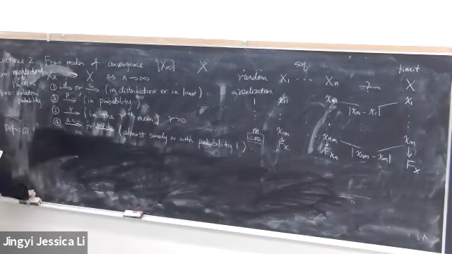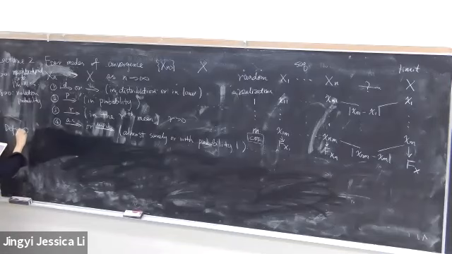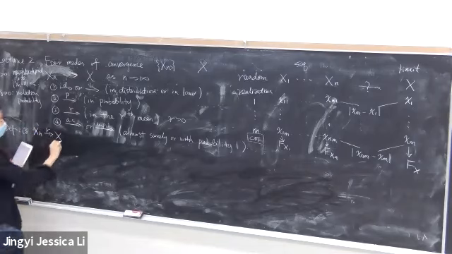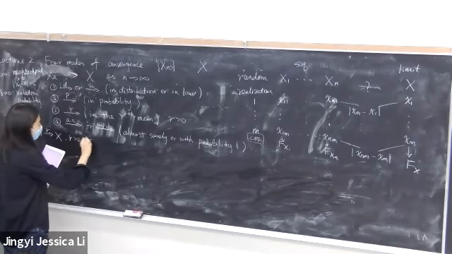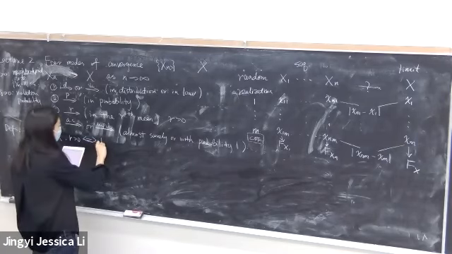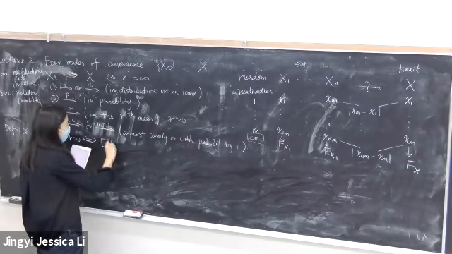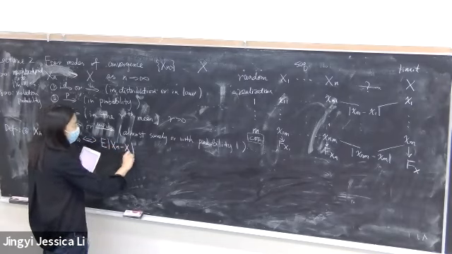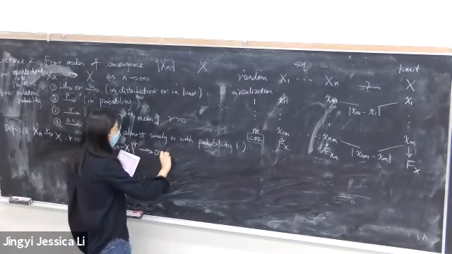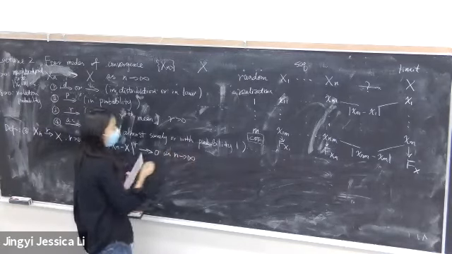The third one, convergence in the arithmetic. So here we write xn, x, and for positive r, this is equivalent to the expectation of the absolute difference raised to the power r converging to 0 as n goes to infinity.